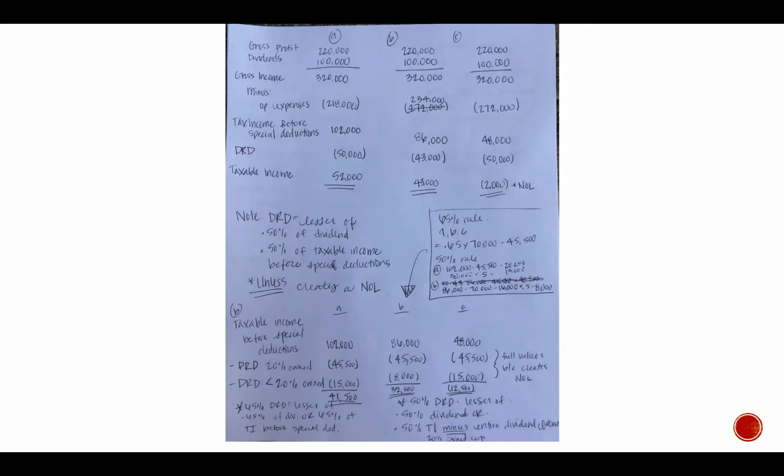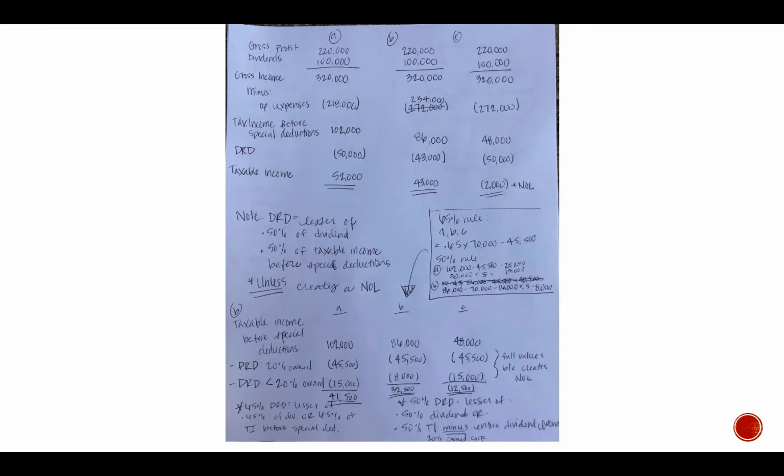Now normally here I would go to my limits and I would say, okay, let's take the lesser of half the dividend or half the taxable income before special deductions. And that would be half of the taxable income before special deductions, $24,000, and that would be the number I would use. But you see here, I used $50,000.